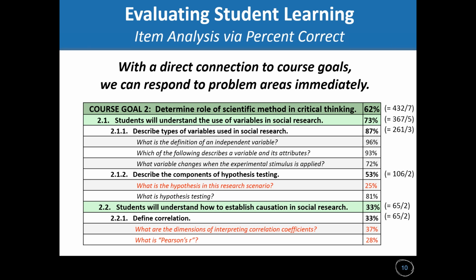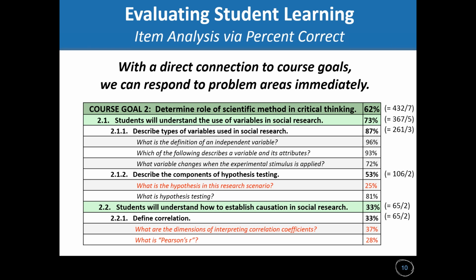So we've got 81%, 25%, 72%, 93%, and 96%. If you add all 5 of those numbers up, it's 367. Divide that by 5, and we get 73%. Now we know that 73% is our measure for students will understand the use of variables in social research.